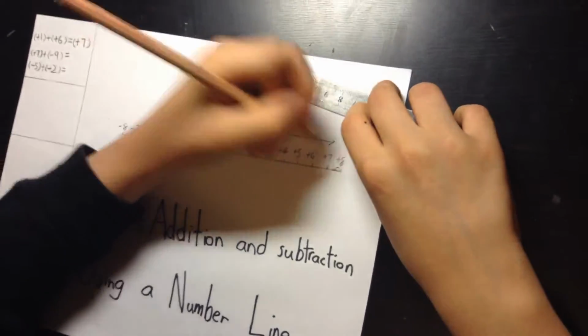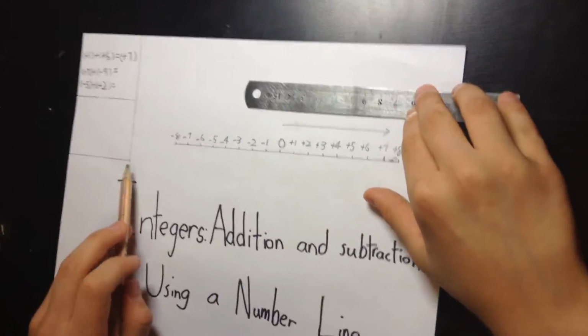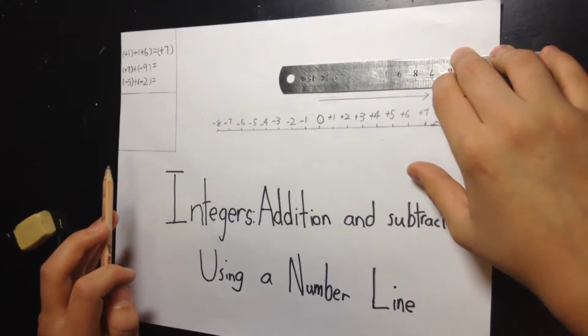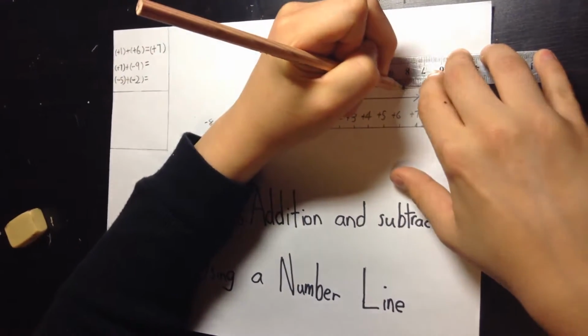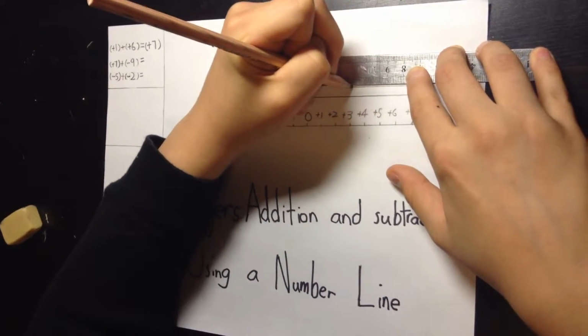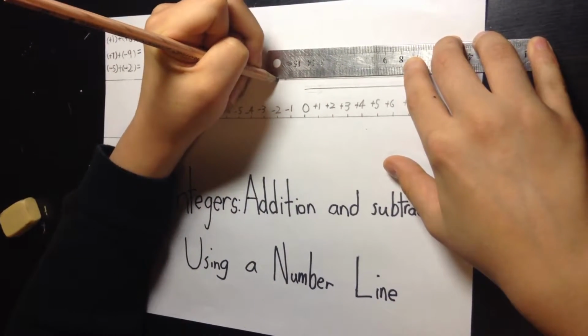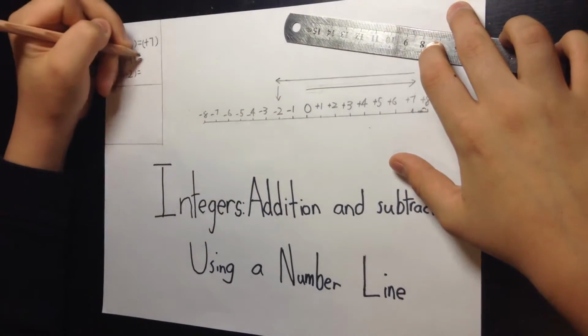And then now for the negative. Since all the negatives go to the left, you do the exact same thing you did for the positive, it's just the other way. So you count 1, 2, 3, 4, 5, 6, 7, 8, 9. And that's your answer. Negative 2.